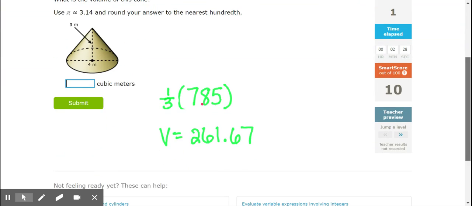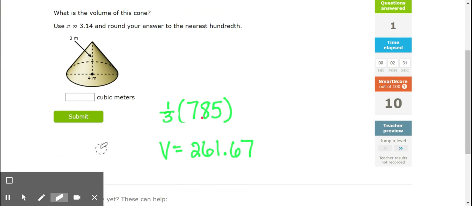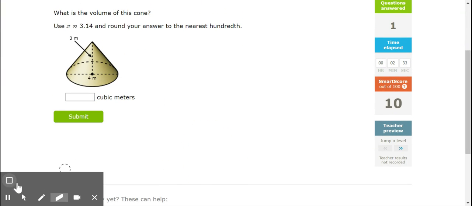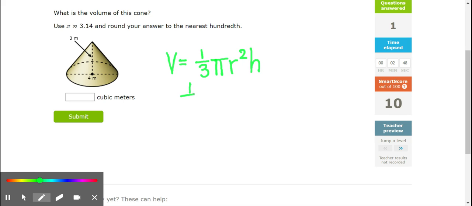Okay, let's do this cone because they gave me another cone, so let's do this one really quick and then I'll be done. I write down the formula for volume of a cone: volume equals 1/3 times pi r squared h. I bring down my 1/3. Instead of pi, I'm going to use 3.14.